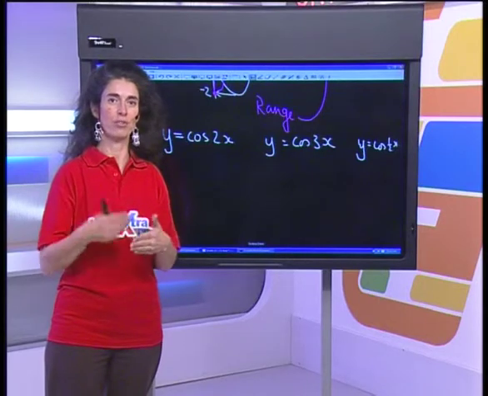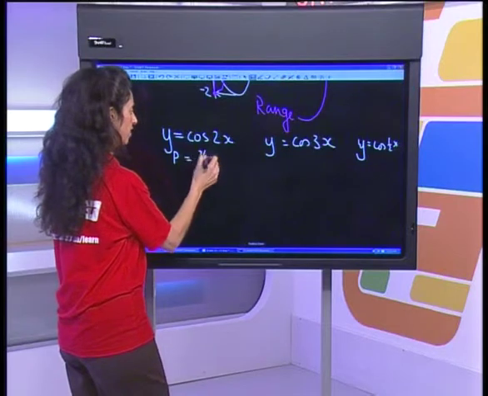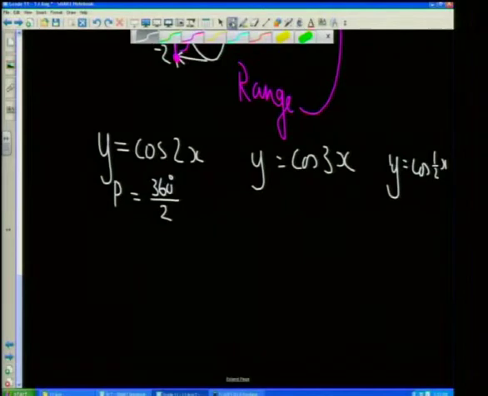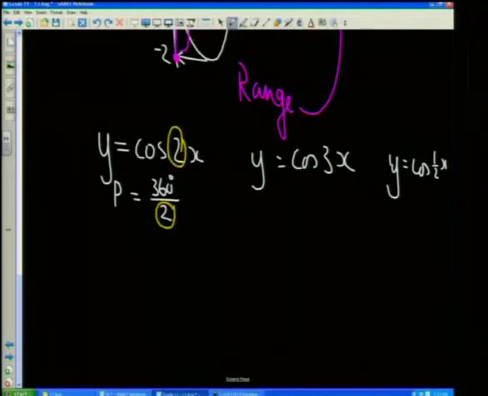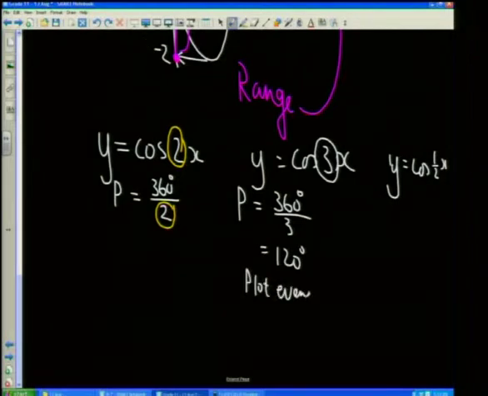So knowing the period of your parent graph, the period here would be 360 divided by, as you said, the given, which is 2. So this given over here is what you divide by. The period over here is 360 divided by 3, which is given. So the period here is 120 degrees. And therefore this graph, I'm going to plot every 120 divided by 4, because there's 4 quadrant angles, I'm going to plot every 30 degrees.